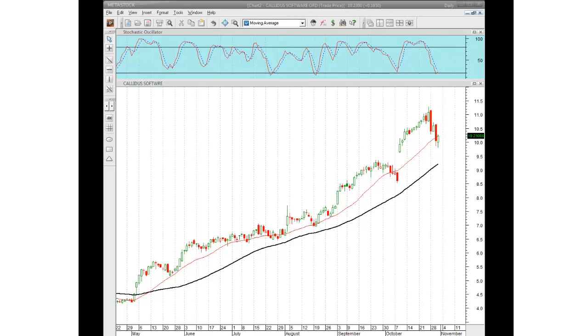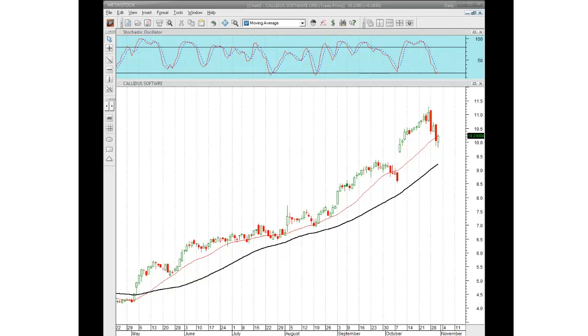Now we're going to look at the third component of trading, and that is the entry itself. The entry is a far less important facet of your trading compared to your exits. It is still important, and there are some pretty cool ways to make sure you get in at a pretty decent place and even shave some cents off your entry, which reduces your risk and adds to your profit potential.